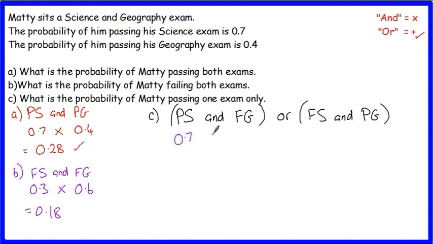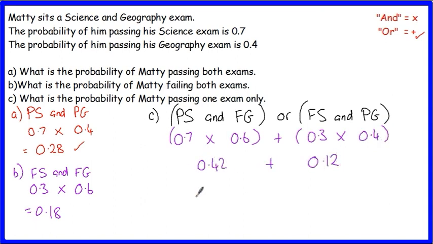Passing science and failing geography, or is add, failing science and passing geography. So let's do these. This is going to be 0.42, add on 0.12, which gives me 0.54. So 0.54 is that answer.